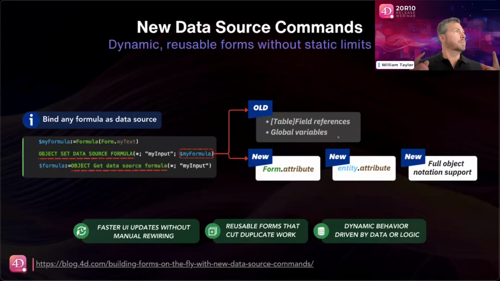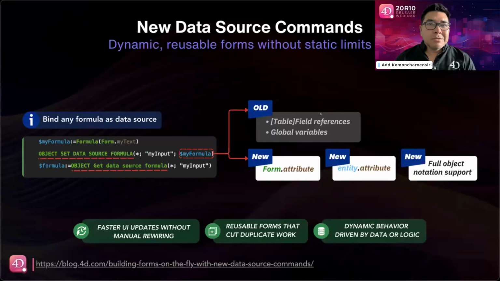Now, I'm going to pass the mic to Ad to talk about a new data source command feature. All right. Hi, guys. So many years ago, we had this command called OBJECT SET DATA SOURCE, which is really nice and works really well.